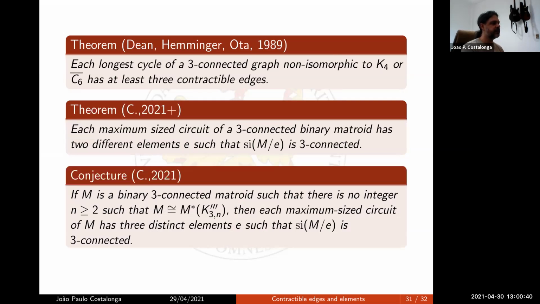And I conjecture that the exceptions will be the duals of K3,n and K3,n with dashes. This graph is K3,n when you add a triangle in the 3-vertex class.